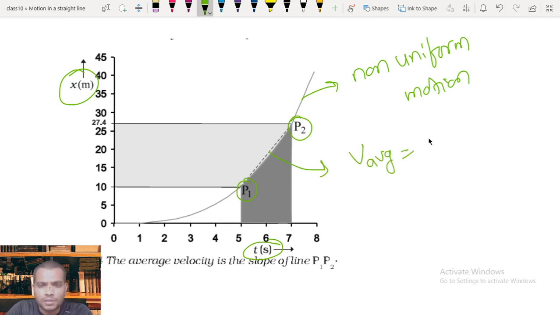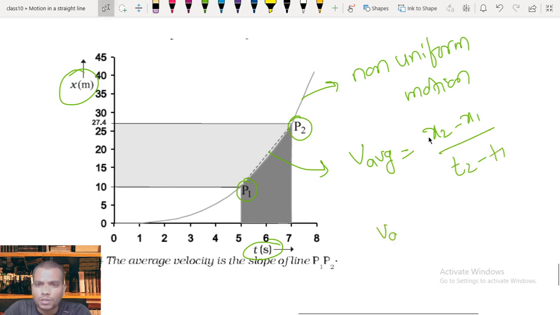So velocity average, we used to write this formula, x2 minus x1 upon t2 minus t1, or velocity average equal to position final minus position initial upon time final minus time initial.